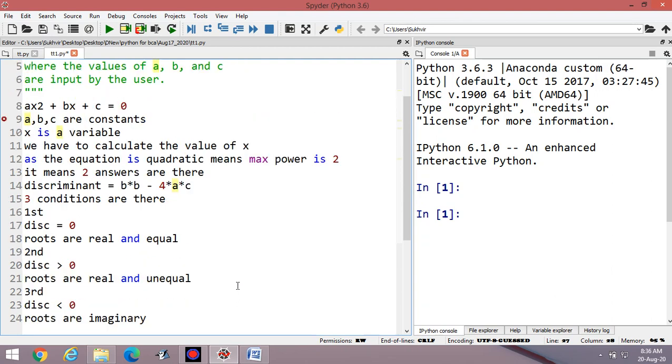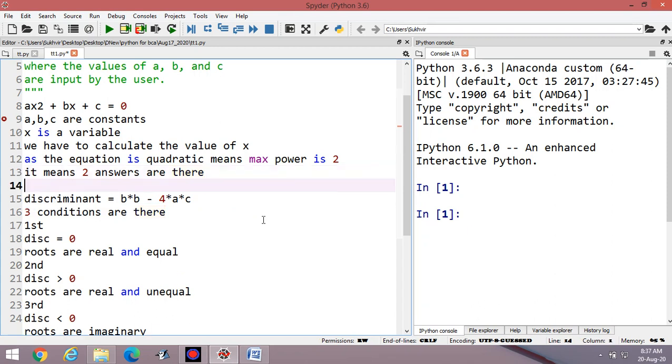I repeat again, the general equation is ax square plus bx plus c is equal to 0, where a, b, c are constants and x is a variable. We have to calculate the value of x, and as the equation is quadratic, the maximum power is 2, so two answers are there. To calculate these answers, we first calculate the discriminant, b square minus 4ac.